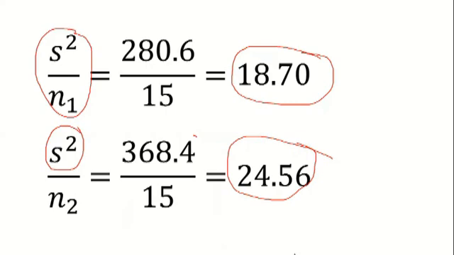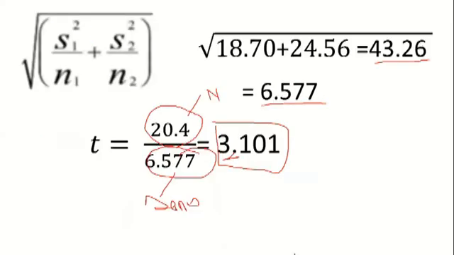Then the second sample is 368.4 all over 15, which is 24.56. Then thereafter, you put them together again and you get the square root. After you have added them together to get 43.26, the square root will be 6.577. Then the t statistic will be 3.101.